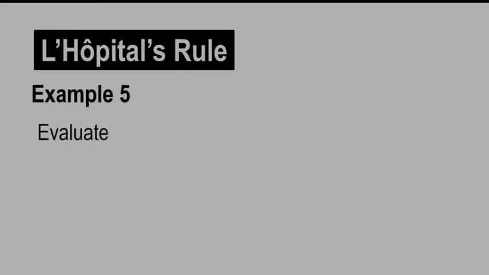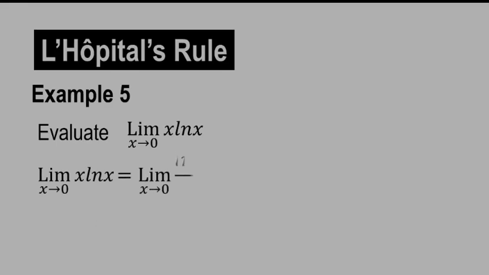Example 5. Evaluate limit as x approaches 0 of x times natural log of x. Limit as x approaches 0 of x into log of x equals limit as x approaches 0 of log of x over 1 by x.